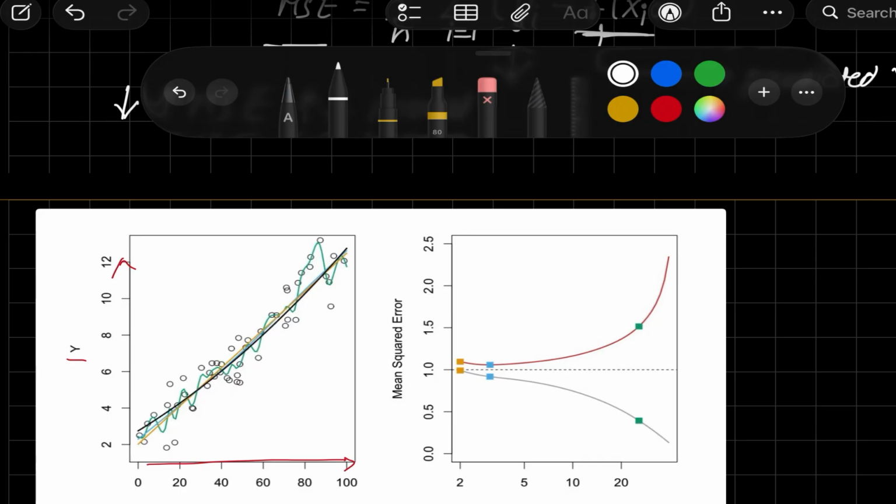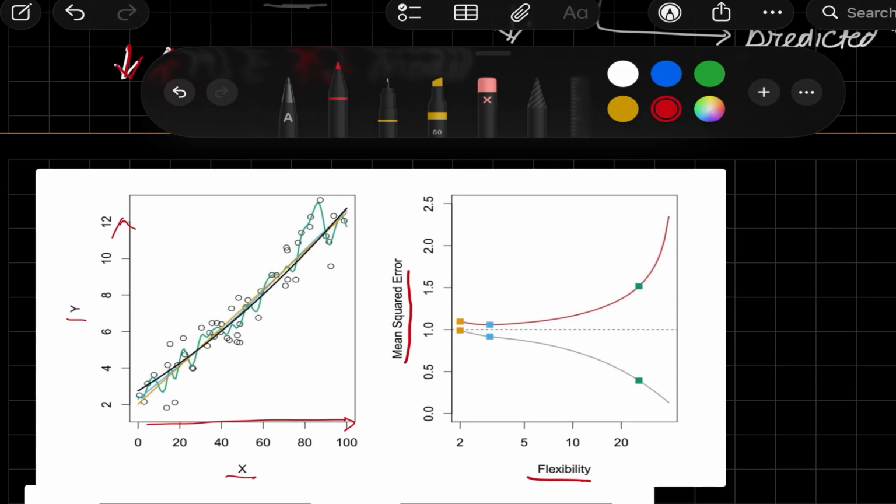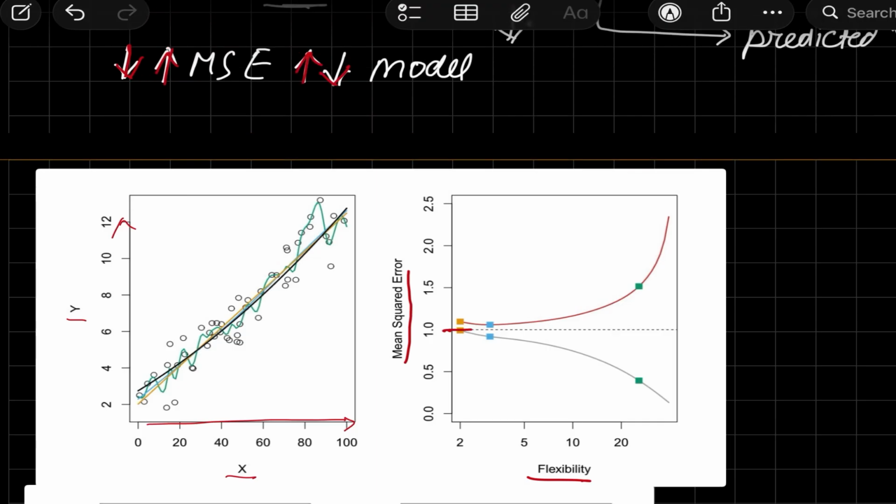Now, here we have flexibility and mean squared error. As I have told, the lower the mean squared error is, the better our model is, and the higher the MSE is, the worse our model is. So 1 is like a good measure.